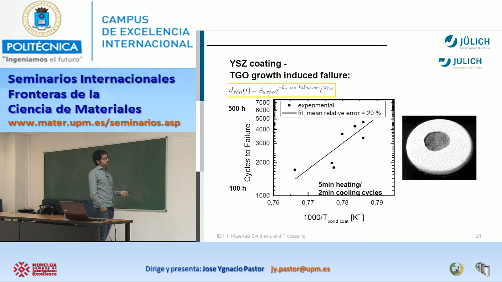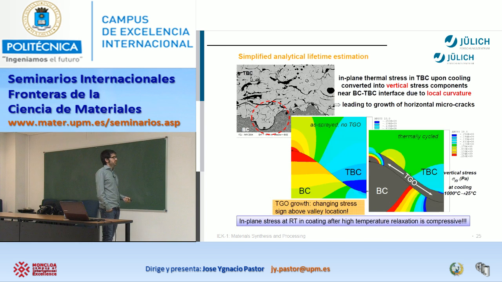Here is just one example, like the previous one, about the problem when we work with a large number of cycles. Like here you see, it's 500 hours, with several failures, how this TGO grows and induces the failure, just to have in mind again. But of course I don't want to go into detail, I just want to show you a few examples.